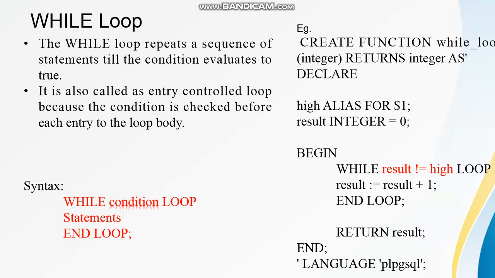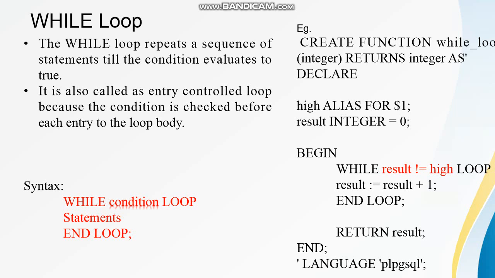The begin keyword is used to begin the block. While result not equal to high, followed by the keyword loop, then result is equal to result plus 1, end loop, return result, end, language plpgsql.